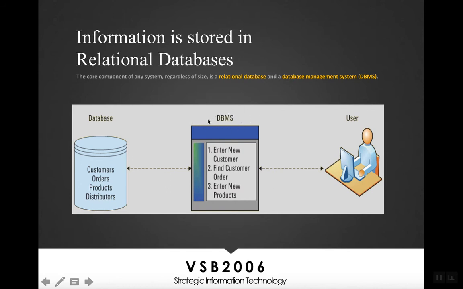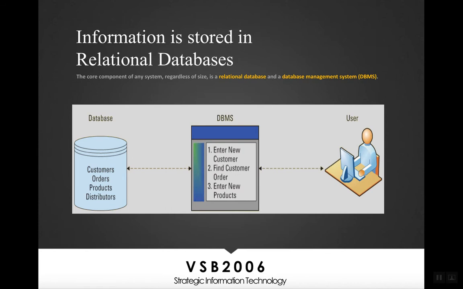All right, and some examples: Oracle, they are probably the first early commercial relational database system, so they have a DBMS. IBM makes something called DB2. Microsoft makes something called SQL Server, which is an enterprise database.